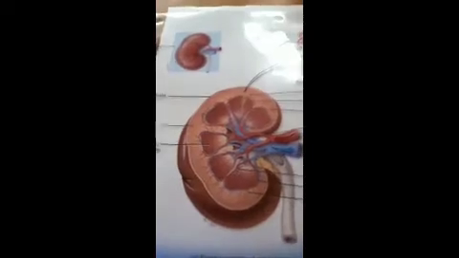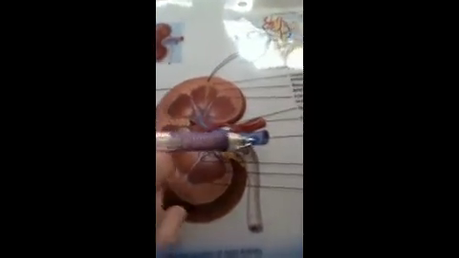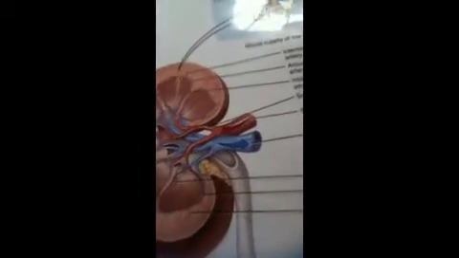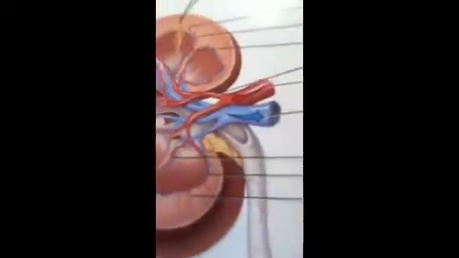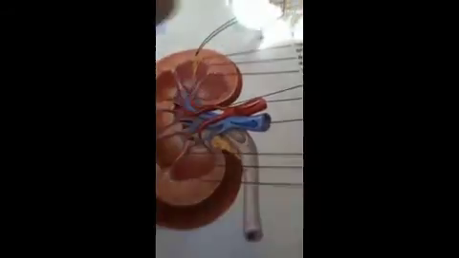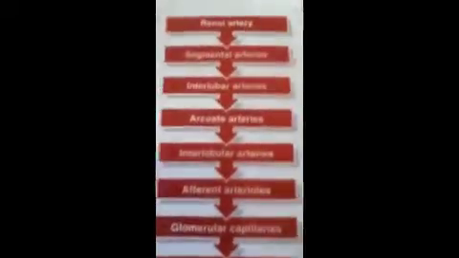And the renal vein is going to be the vein that leaves the kidney. The veins follow the same course as the arteries. They have the same names. So if you memorize the arteries, then the veins are going to have similar names, just going in the opposite direction.